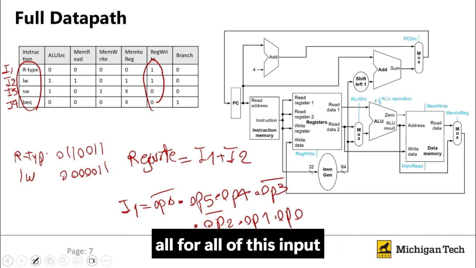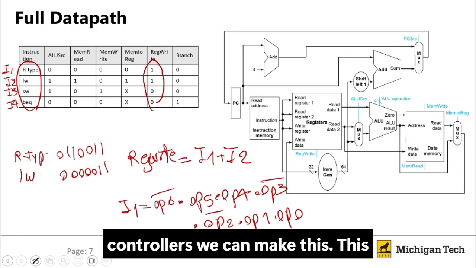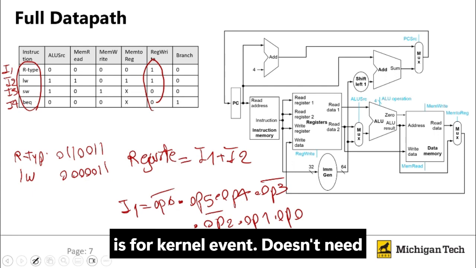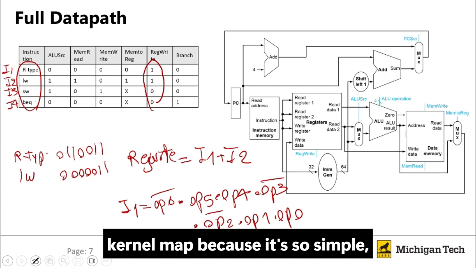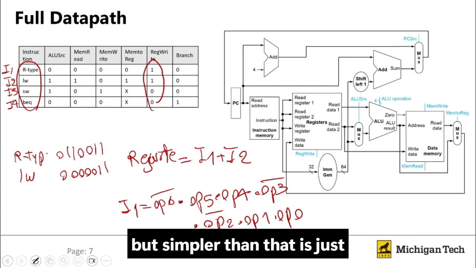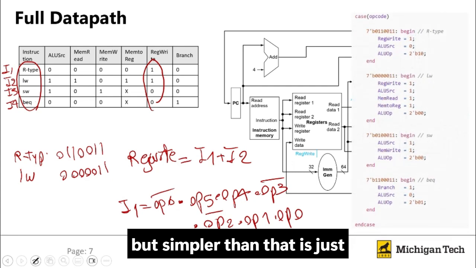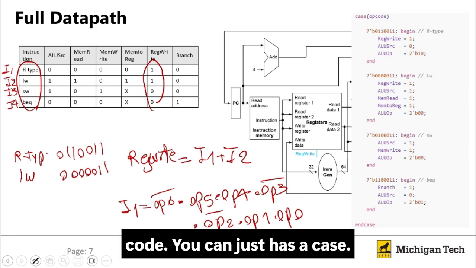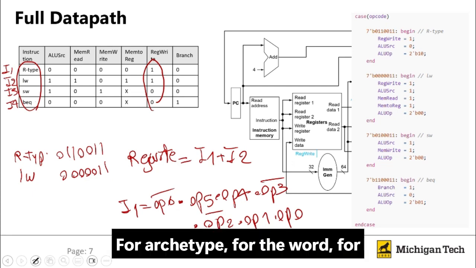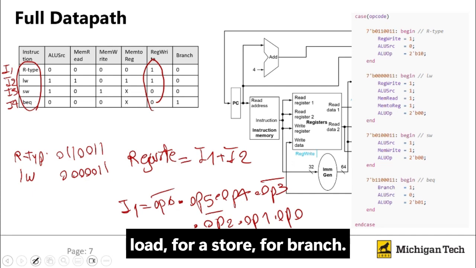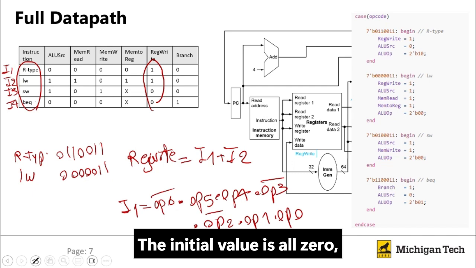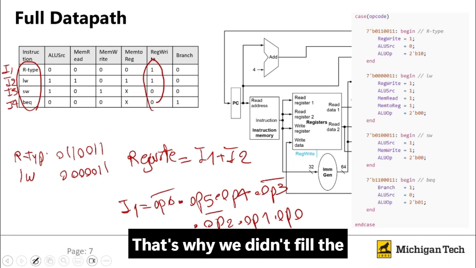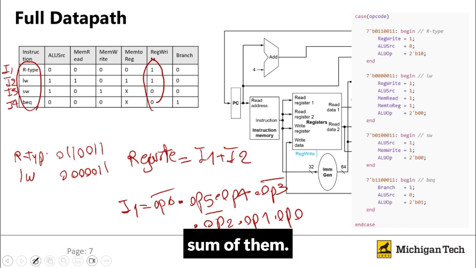So for all of these input controllers, we can make this. It doesn't even need a Karnaugh map because it's so simple. But simpler than that is just writing the Verilog code. As you can see, in Verilog you can just have a case. The opcode is that for R type, for load, for store, for branch. The initial value is all 0. That's why we didn't fill in the rest of them.